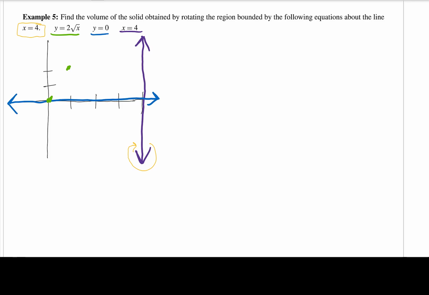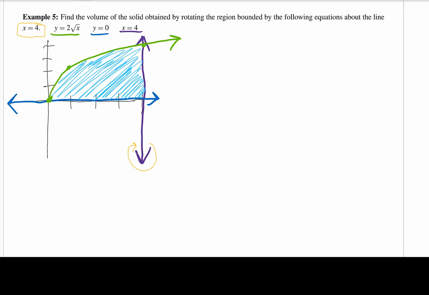We'll have another one. Once we get to x equals 4, this would be the square root of 4 times 2, so I need to go up to 4 right here. Put my point there. That might be the world's worst drawing of this function. It's okay. It gives us an idea of what this region looks like. It looks something like this.